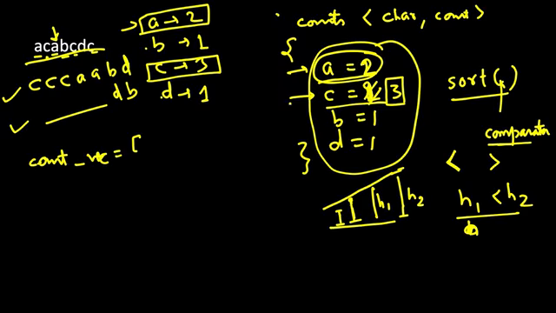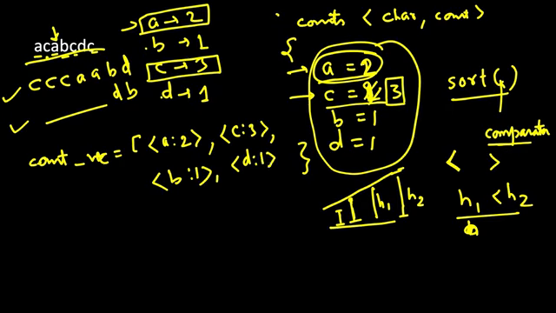First, we will put everything in the count vector, where each element will be one key-value pair: A2, C3, B1, and D1. So now this is the vector, and we will sort it.